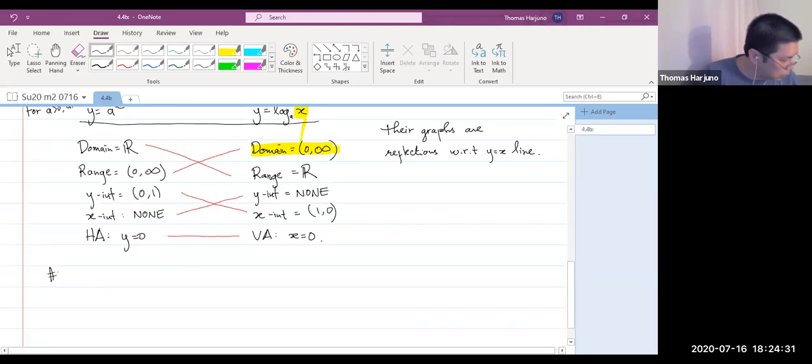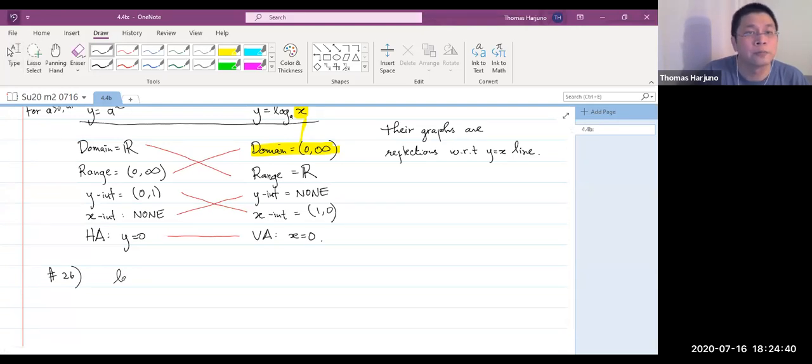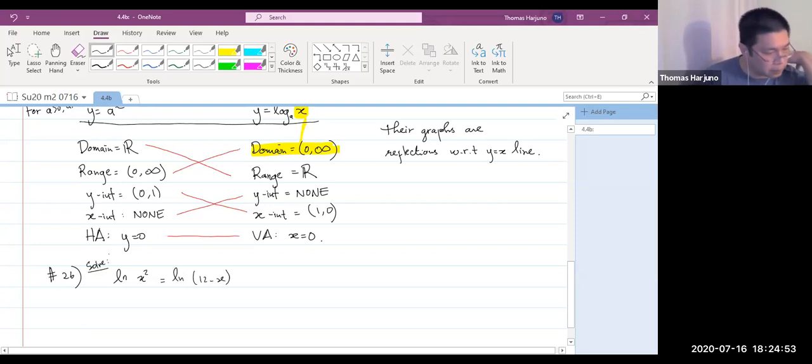For example, we do number 26. Natural log of x squared equals natural log of 12 minus x. Solve. We already have logs with the same base, both base e here.